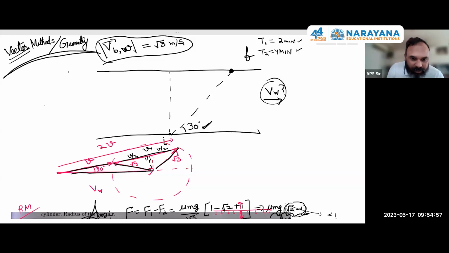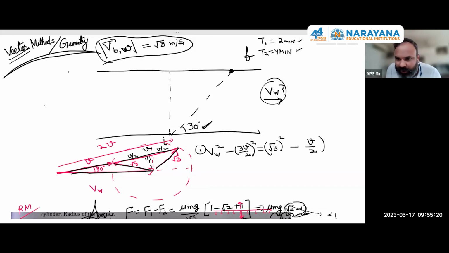Just use Pythagoras theorem. The square of this side will be VW square minus (V plus V by 2, that is 3V by 2) square. And that will be equal to, if I look into the square of this side from this right angle triangle, √3 square minus (V by 2) square. So I got one equation between V and VW.